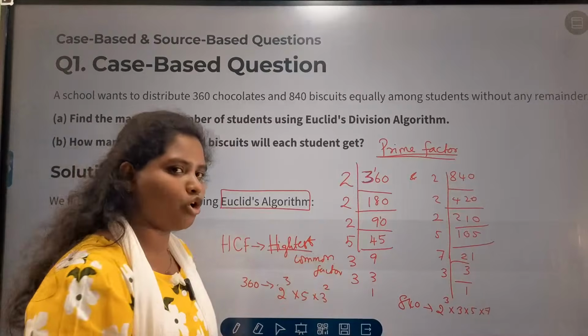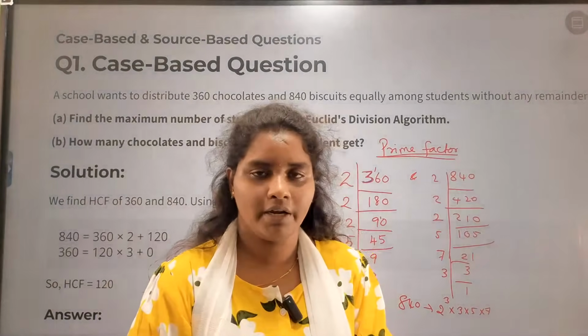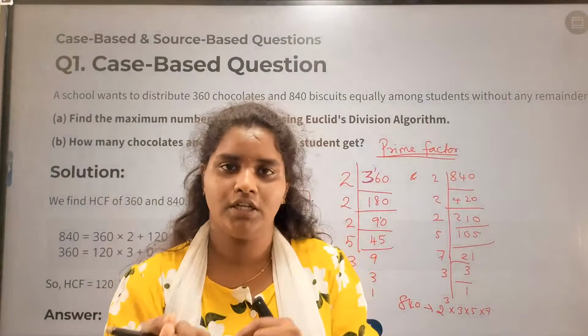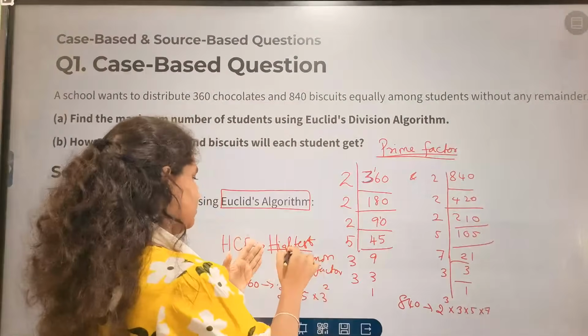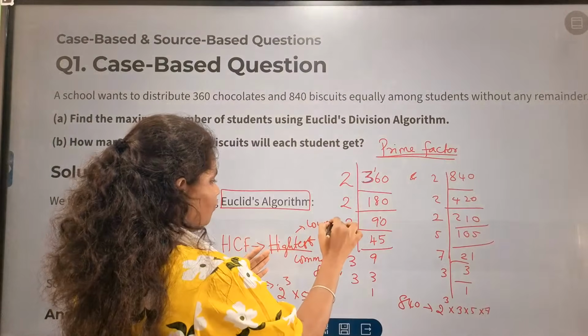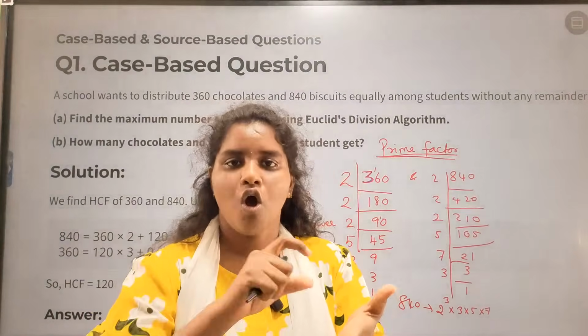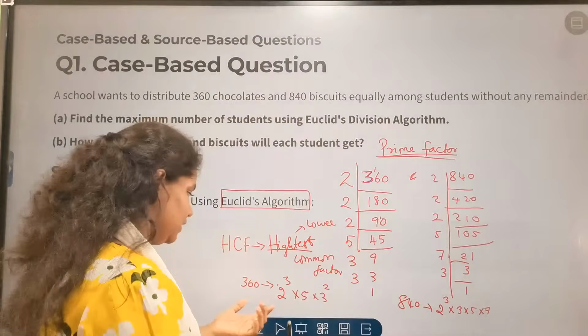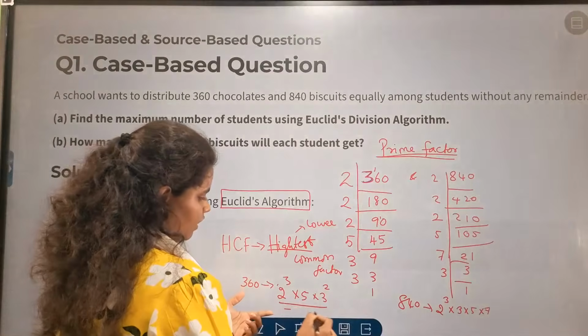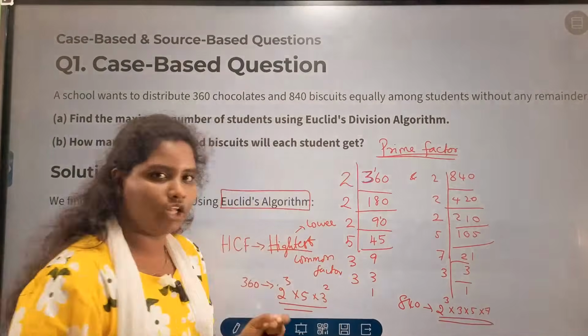We have to remember that highest here means we take the lowest, so it's the opposite. So we have to write only the lowest power of the given value. In both, we have to compare the lowest power.